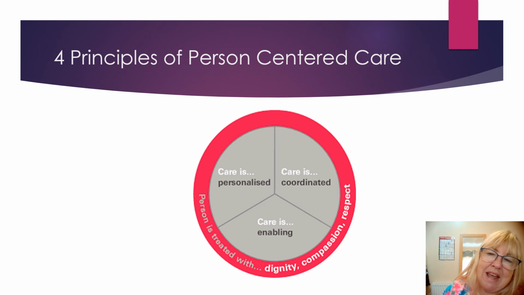Care is also enabling, not disabling. We're always thinking to keep people as independent as possible, and to give them as many skills as they want, within our gift, really. So it's an enabling process. We don't remove people's skills by doing things for them or to them, okay?